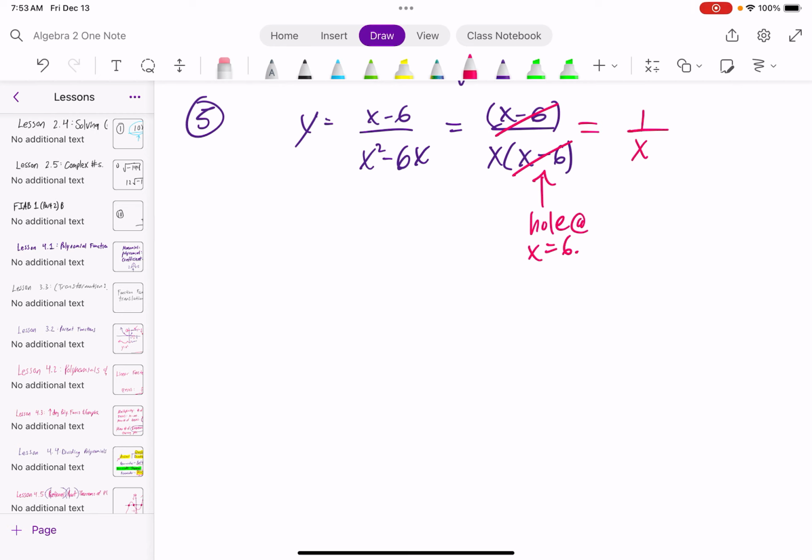But they're asking about the horizontal asymptote, which occurs with a ratio. Now remember, if there's no x value there, then this is plus 0x. So the ratio between 1 and 0, you get 0 over 1, which is 0. So this is your horizontal asymptote.